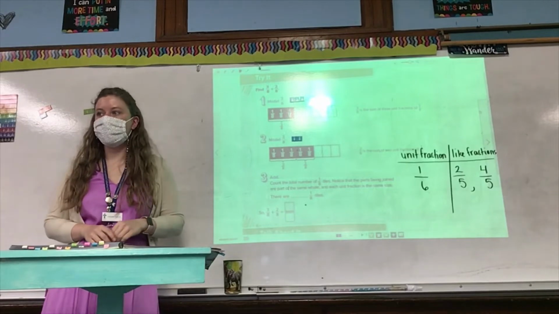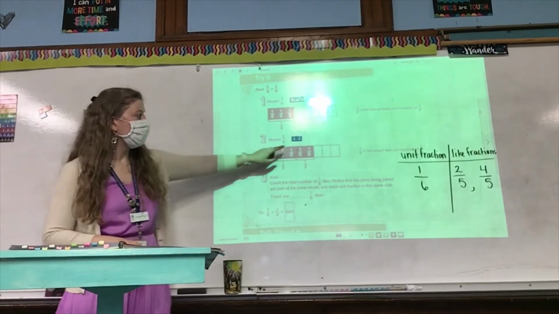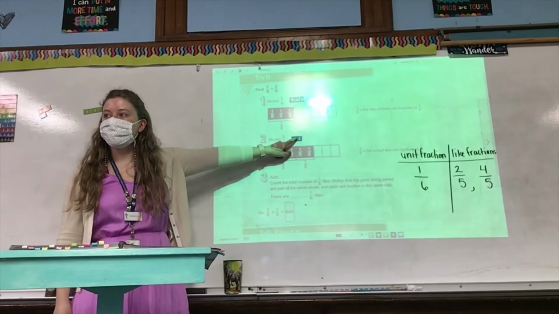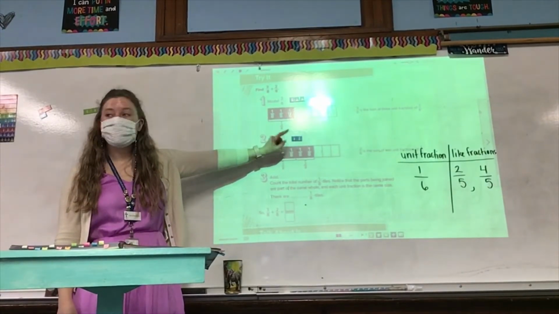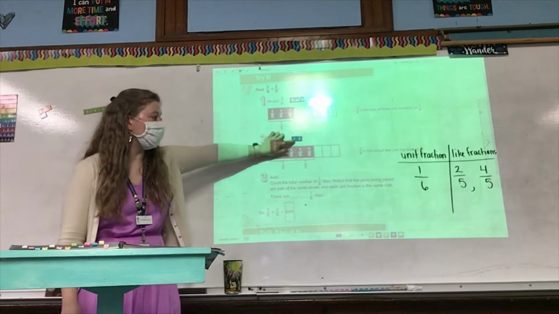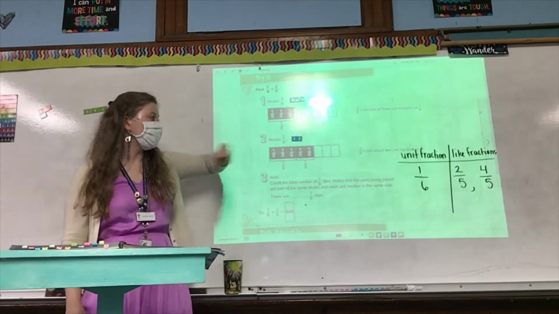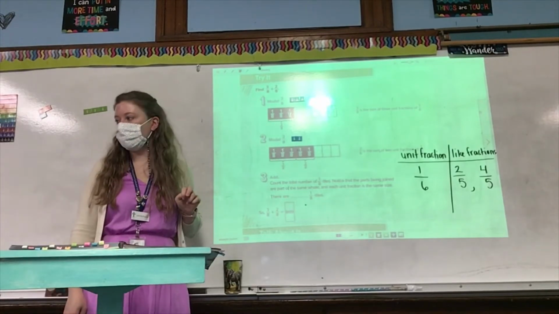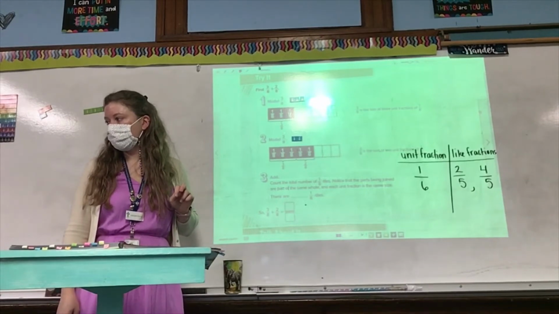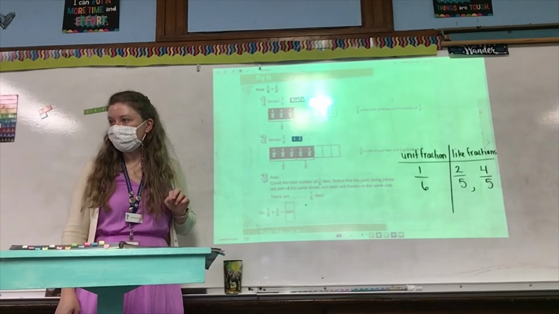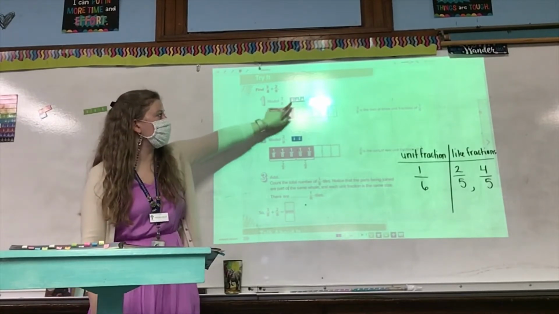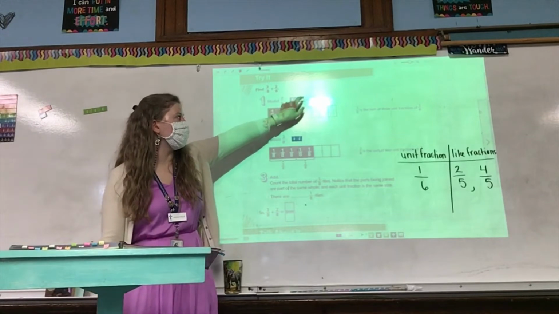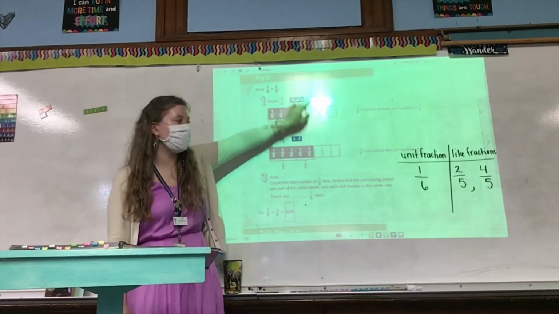We're just using 1/8 tiles. How many 1/8 tiles are in 2/8? Class? 2. So you should have 2 1/8 tiles to show 2/8. We modeled our first addend, 3/8, by putting 1, 2, 3 1/8 tiles together.